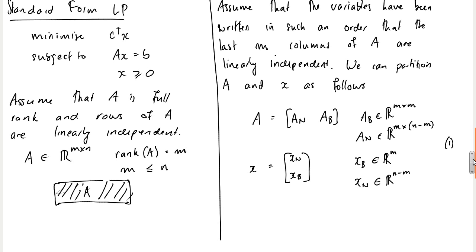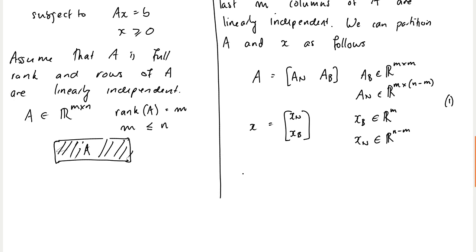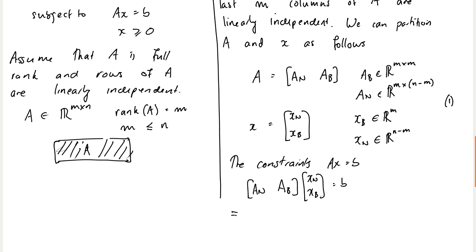So in these partition coordinates, what do the constraints look like? Well, the constraints Ax equals b become [A_N, A_B] times [x_N, x_B] equals b, and we can expand out that block matrix form to give us A_N x_N plus A_B x_B equals b.